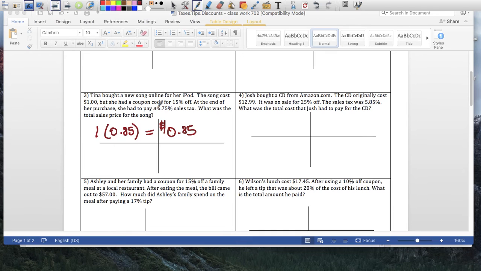And then at the end of her purchase, you have to pay tax on this value here. So first you took the discount. Now you've got to pay the tax. So for the tax, you're going to be paying tax as an increase. You're going to be paying 100% of the value plus 0.0675, which is 1.0675.